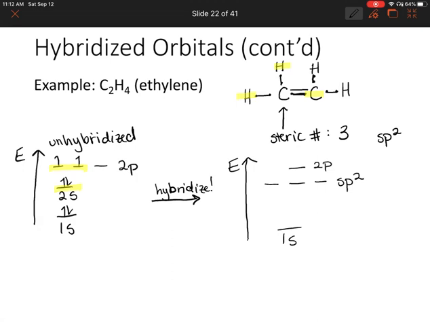Okay, so now we can place those 4 electrons, or well, first let's put our 1s electrons down here, but then we can place those 4 electrons in our unhybridized atomic orbital diagram into their own spaces.